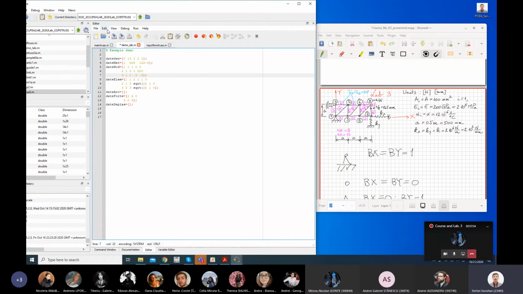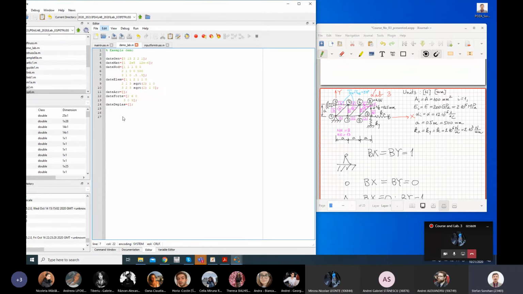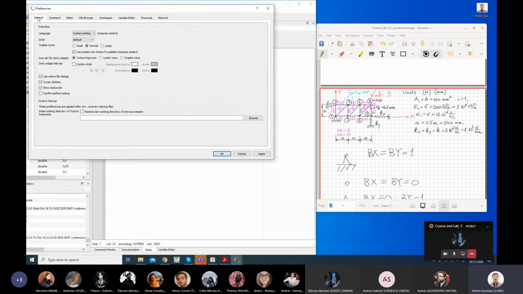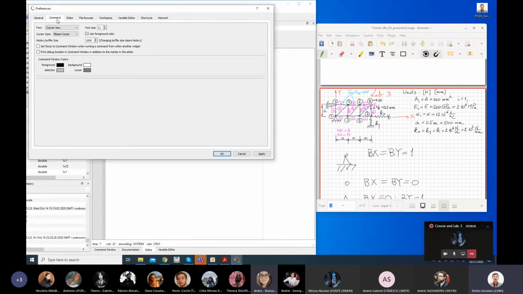I will try to increase the size. Let's see here, debug run preference. No, what's that? It's run. I will try to increase the, it doesn't work. Can you see the editor, the code? We can see the code. Yeah, it's clear. I can't see very well.